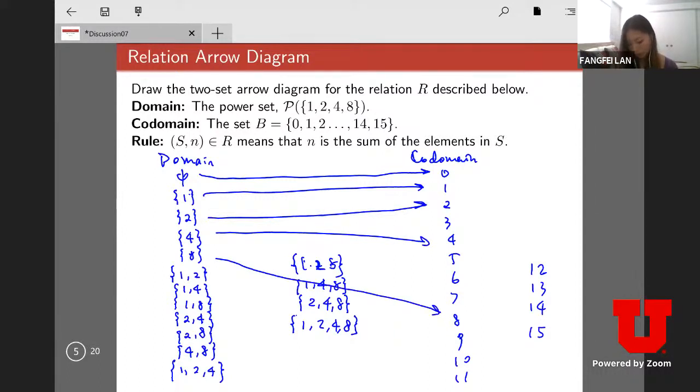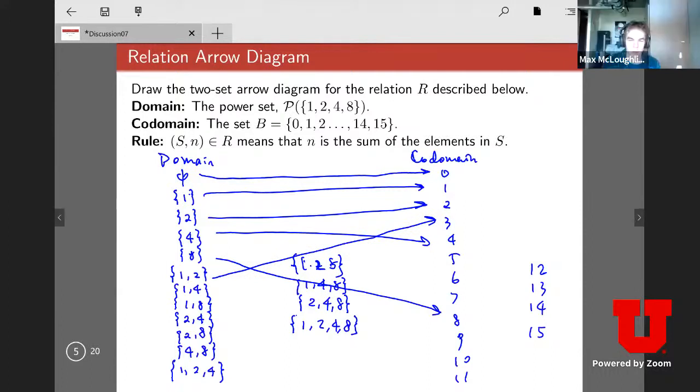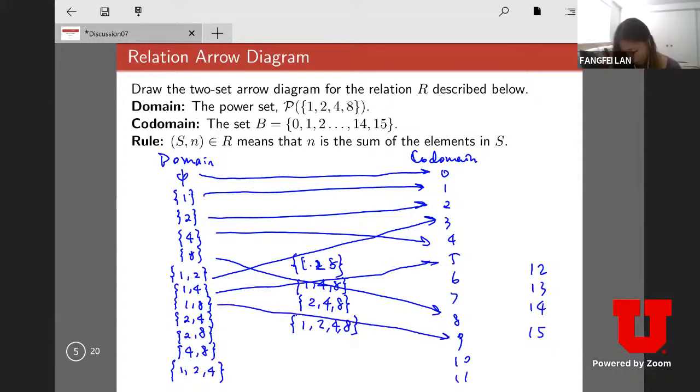Okay, what's {1, 2}? Where does {1, 2} go to? 3. Yep. And then {1, 4} goes to 5. Yep. And then 9, and then 10. {1, 2, 4} goes to 7.